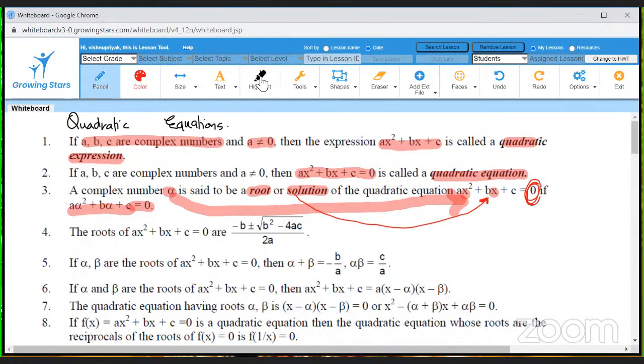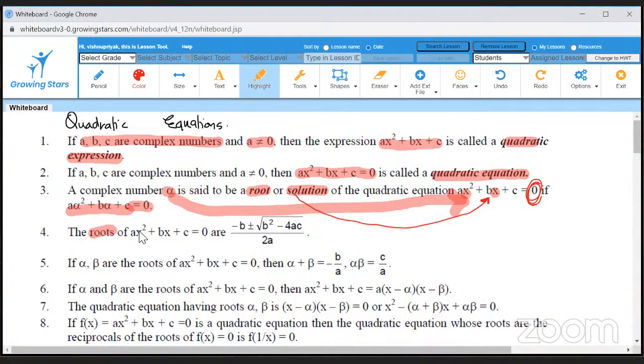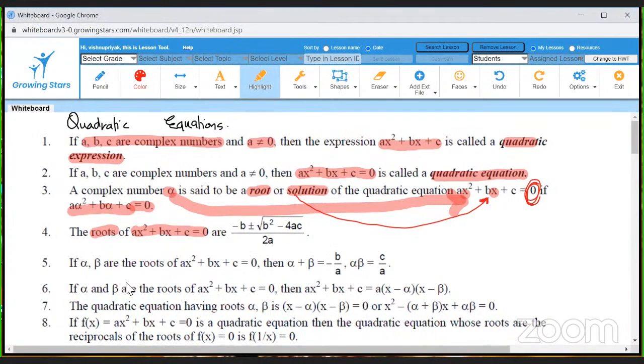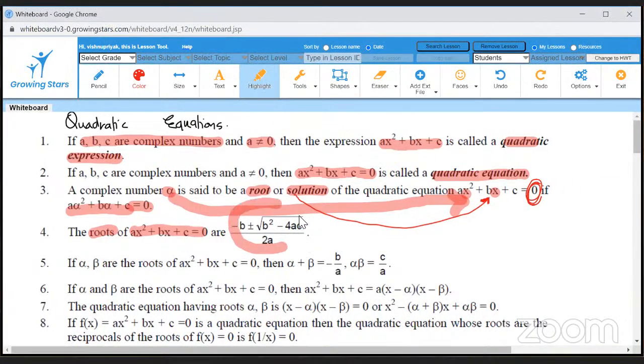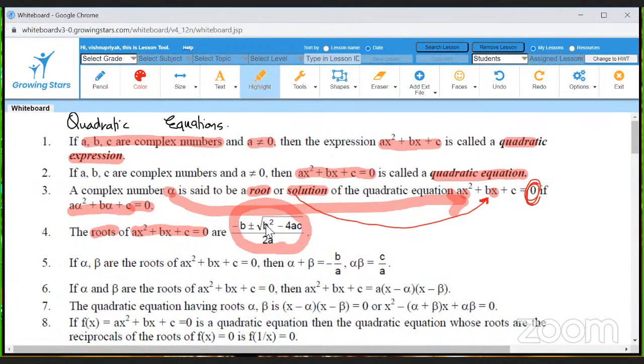How to find the roots? How to find the solutions of the quadratic equation ax square plus bx plus c equal to 0? There is a formula called the quadratic formula. This is the quadratic formula: minus b plus or minus square root of b square minus 4ac, by 2a.